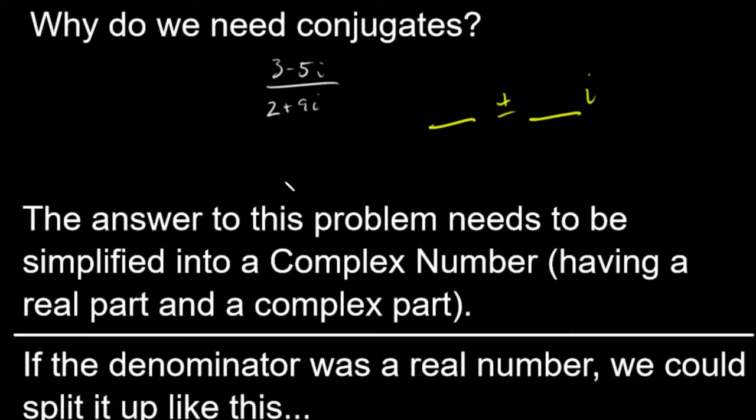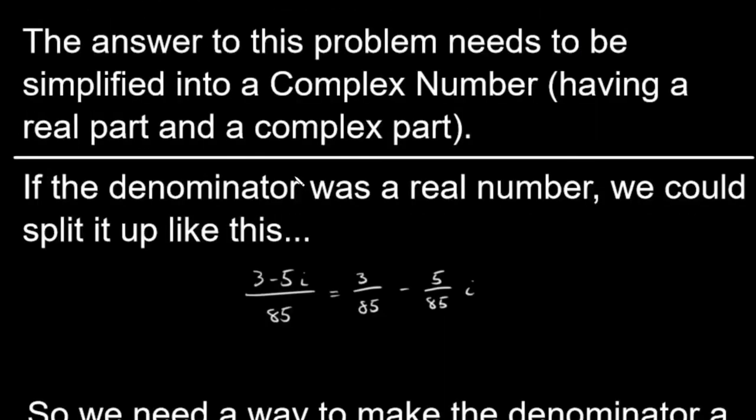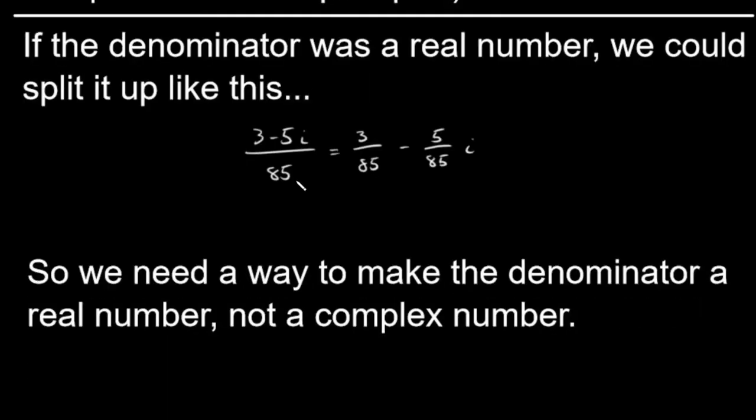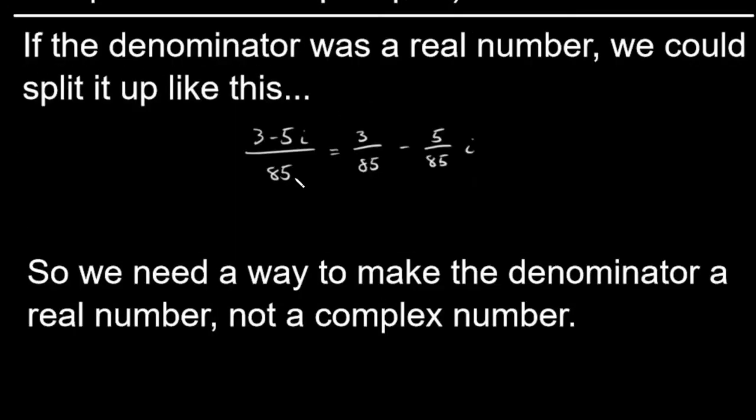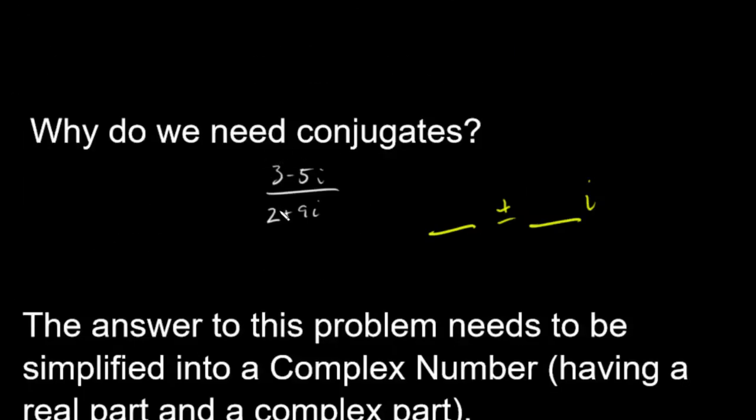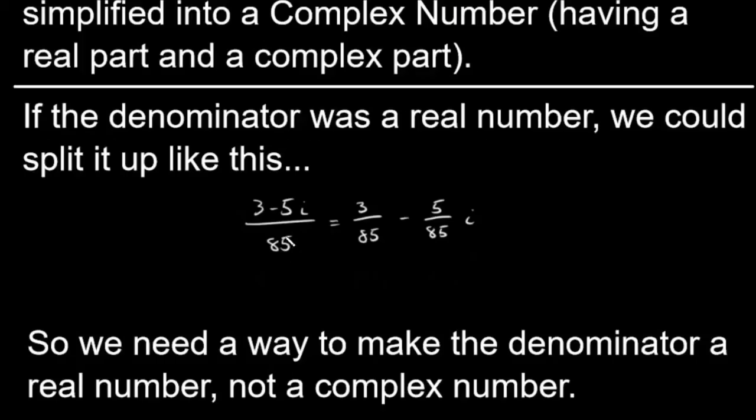And let's go ahead and try to do that. So, I didn't know this was coming up, but this is a piggyback on that previous thing. So, if the denominator was not a complex number, but instead it was a real number, like 85, then again, you don't have to write this down.